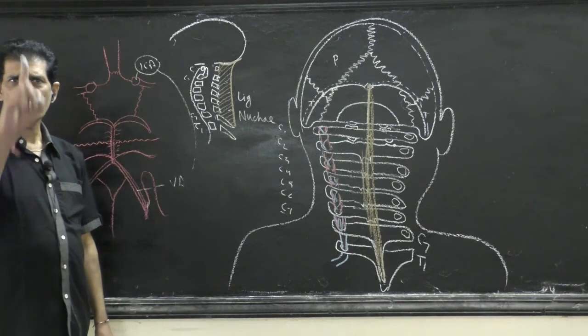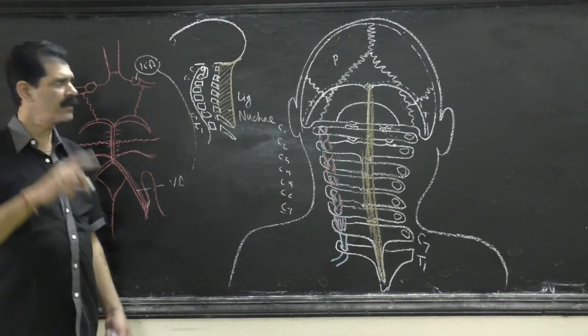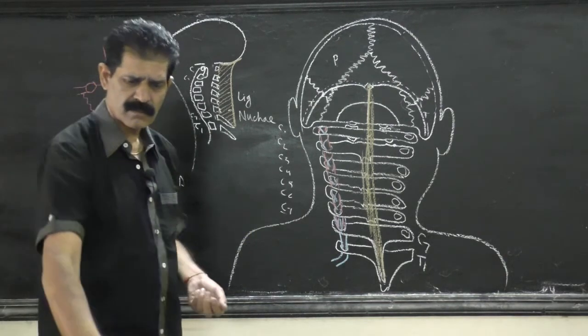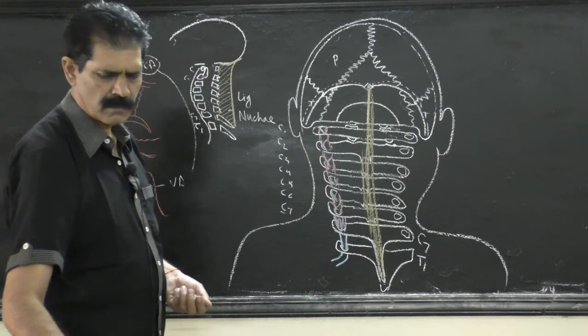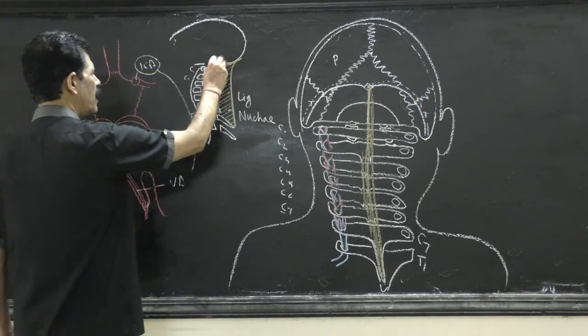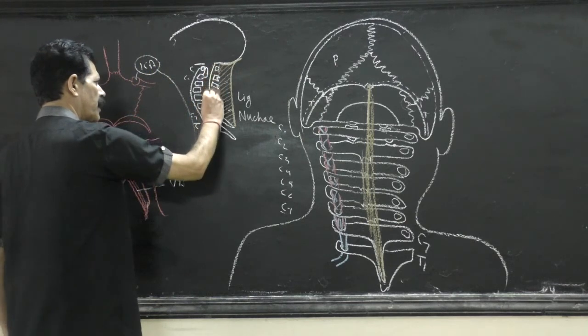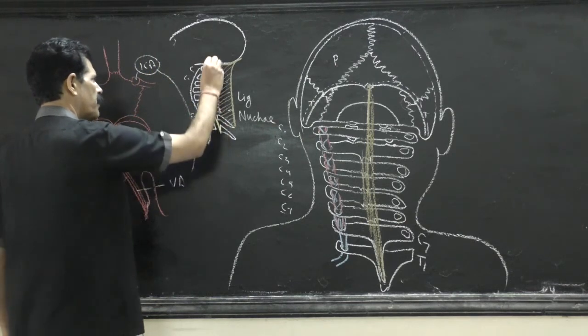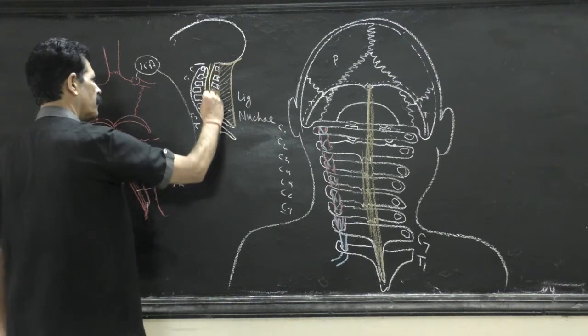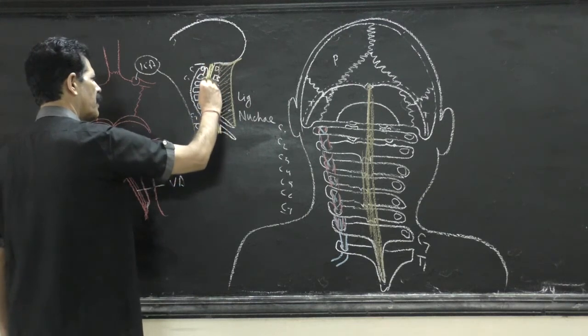So the neck has to be straight all the time, because a very important thing is passing through this. The brain is continued with the spinal cord, and the spinal cord is lying in the spinal or central canal here. So the spinal cord has to remain straight.